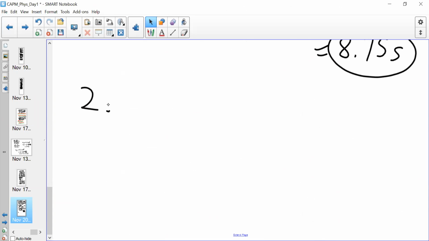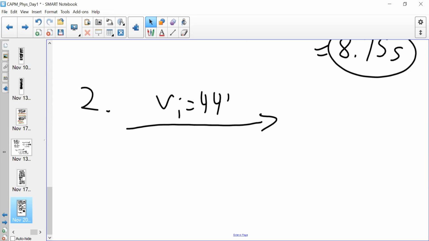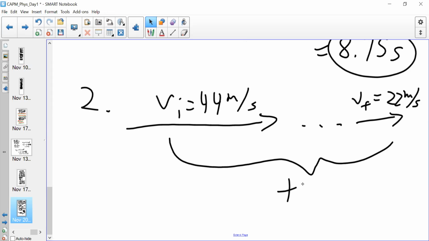So it's cruising along, VI is 44, and then eventually it comes to a gap and he's going slower, so V final is 22. The time period to do that is 11 seconds. Again, your picture doesn't have to be this, just anything to help you see what's going on.